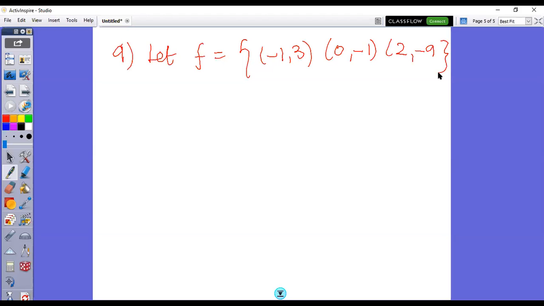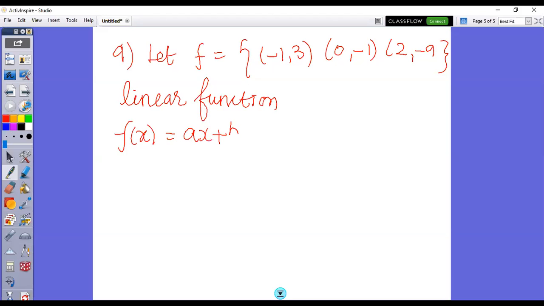Already you know in ninth standard. Linear function, what? f of x equal to ax plus b is a linear function. So the function is from Z to Z, Z is the integers.